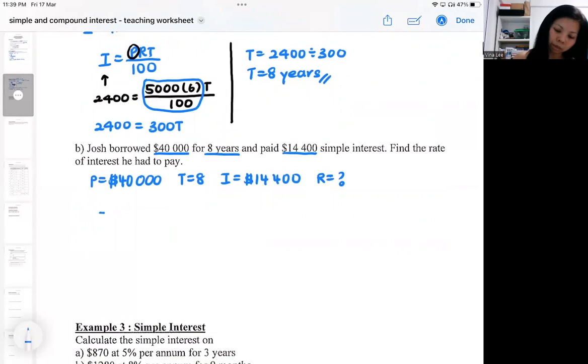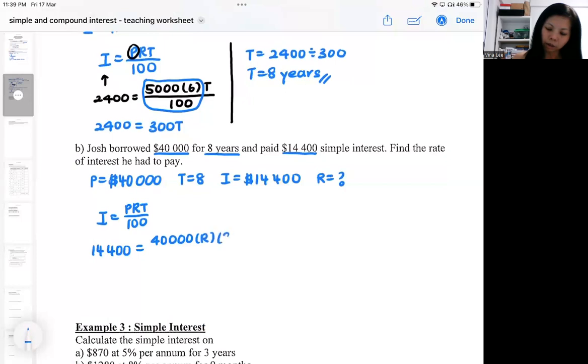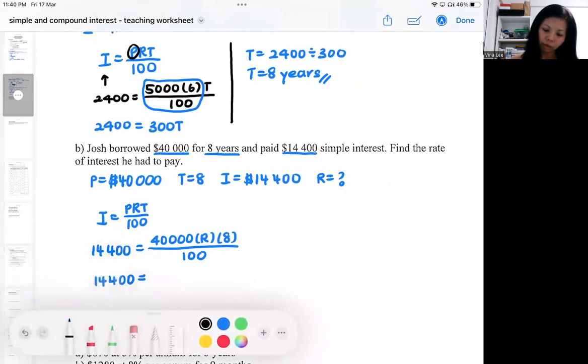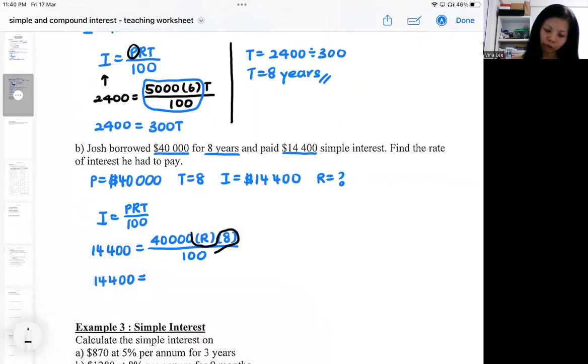So in this case, again, plug into the formula. Plug into the PRT over 100 formula. Plug in the interest. Plug in the P. R is the one that we are interested to find. Plug in whatever you have. You can cross multiply or you can punch calculator. Usually I prefer to punch calculator.